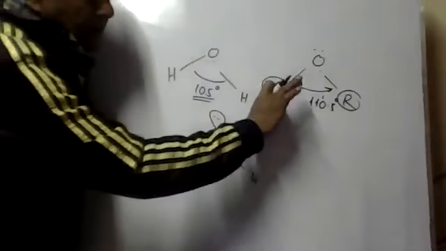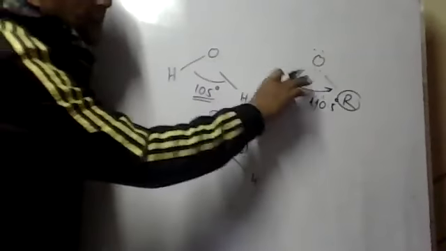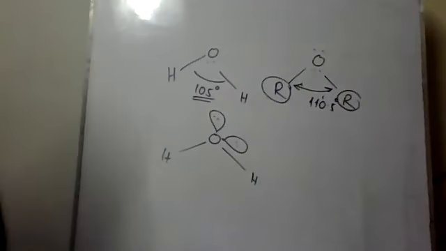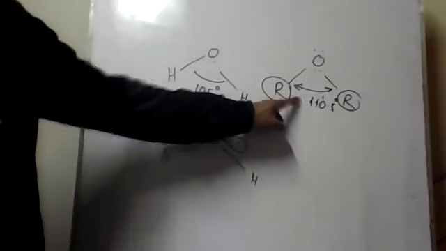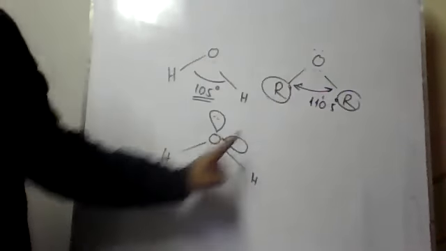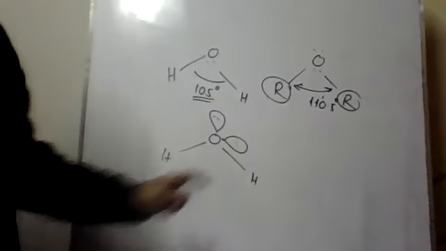But in ether also, due to the presence of lone pairs on the oxygen atom, first of all the bond angle is very high compared to water due to repulsive interaction between alkyl groups, and it is polar in nature, just like water. It has a dipole moment like water.